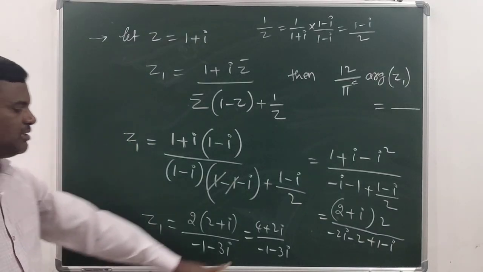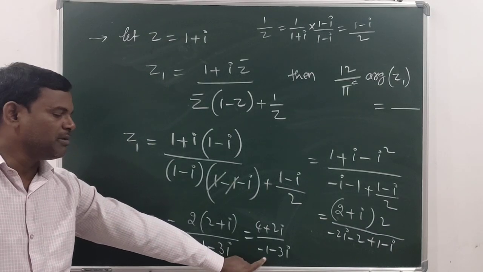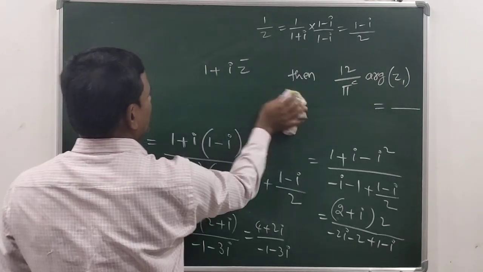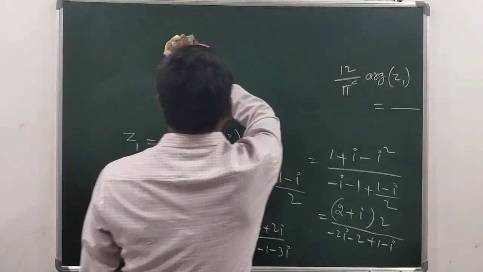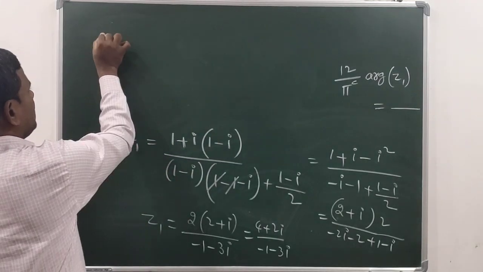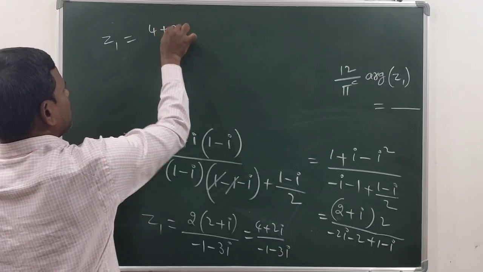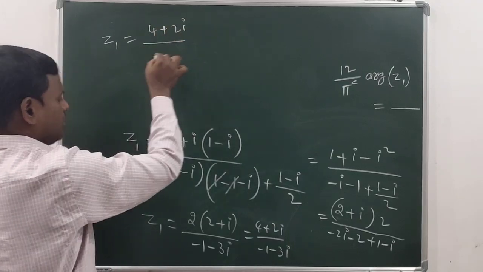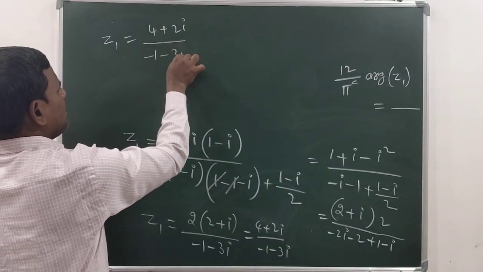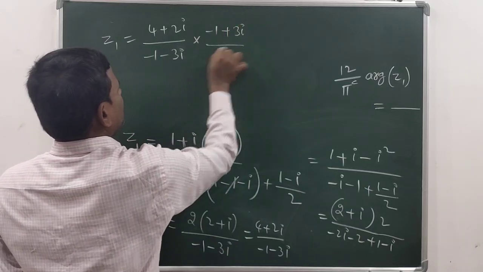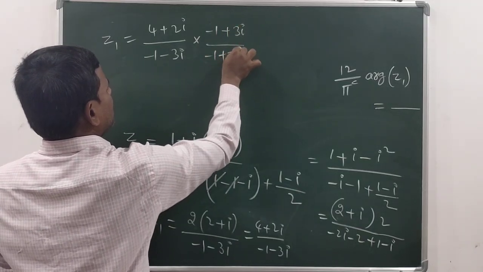Now rationalize it, to get a rational number in the denominator. What you have to do? See here, z1 is (4 + 2i)/(−1 − 3i). Multiply by (−1 + 3i)/(−1 + 3i).